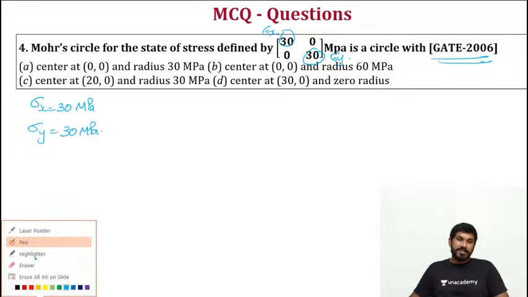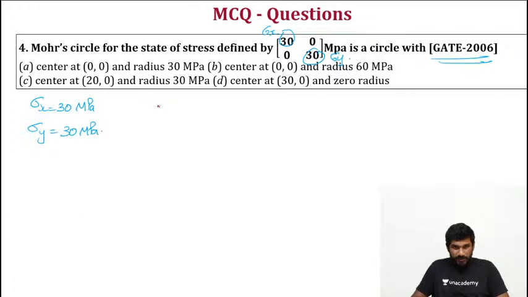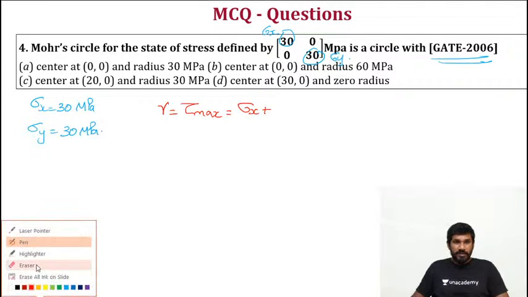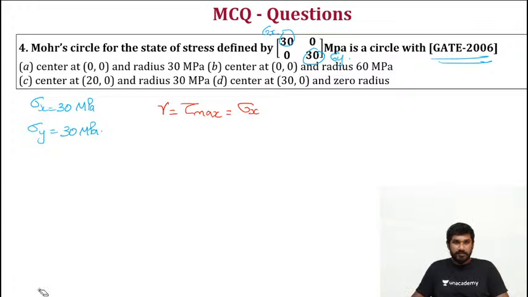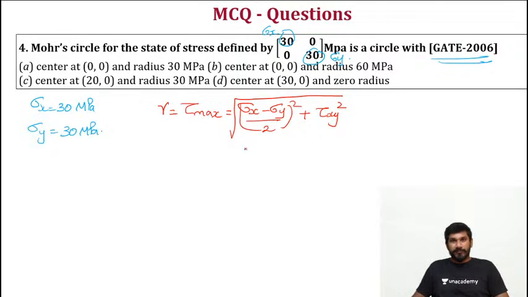So first we will calculate the radius. Radius is equal to the maximum shear stress, that is equal to square root of ((sigma x minus sigma y)/2) whole square plus tau xy square.